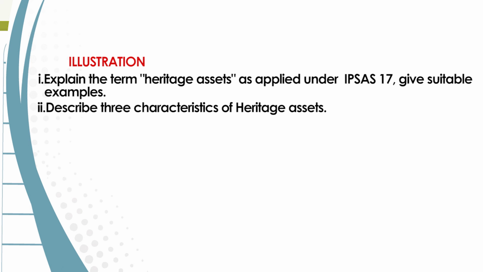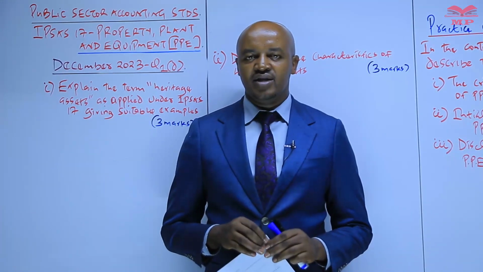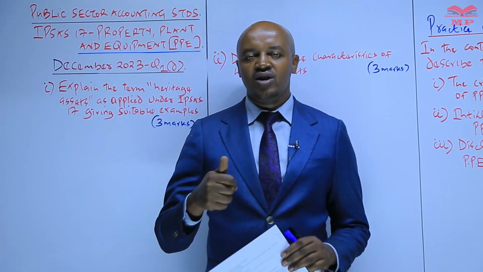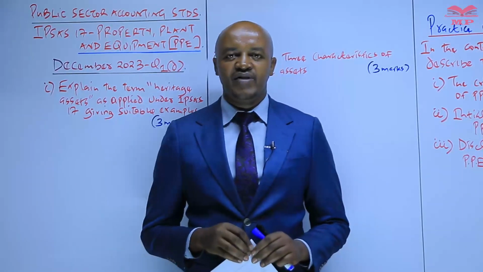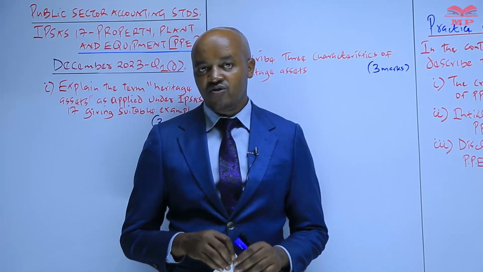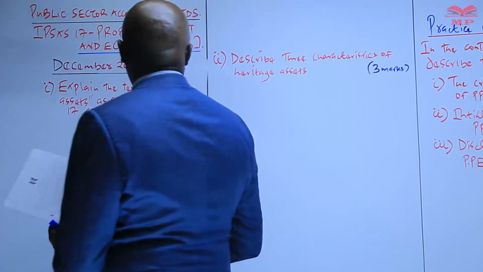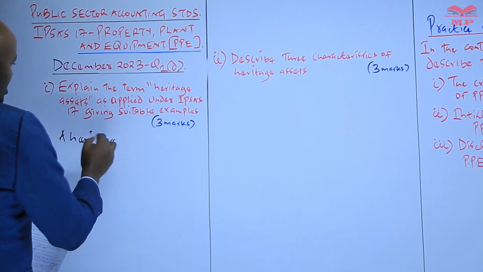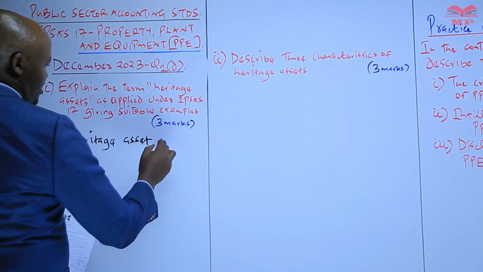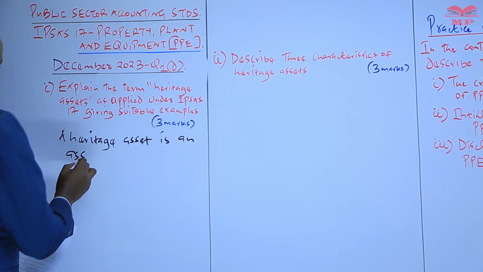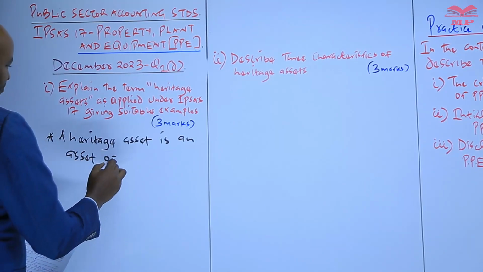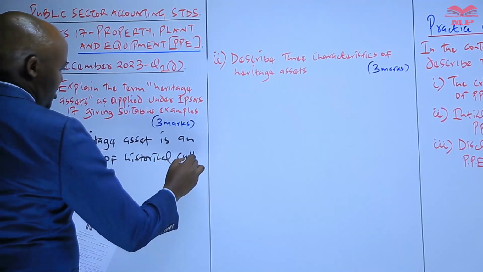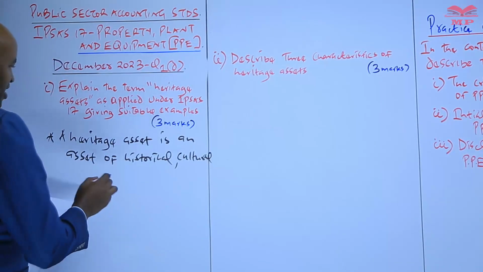Now, generally, what are heritage assets? These are those assets which reflect history, or which are rich in history, and also the culture, or the values which were observed by various ethnic groups in the past. And therefore, in terms of how we can define this, we can say that a heritage asset is an asset of historical, cultural, and environmental significance.